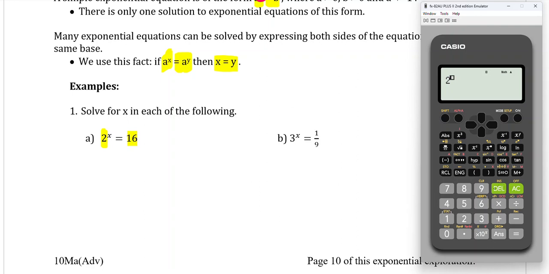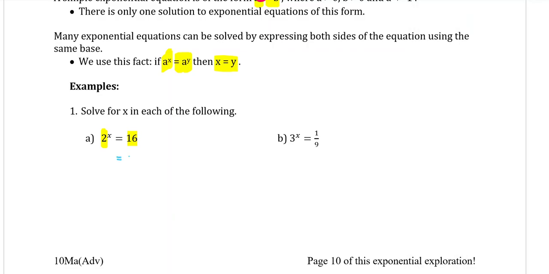So if you go to the power of 4, you do get 16. So 16 is the same as 2 to the power of 4, and we still have 2 to the power of x on the left-hand side. If the bases are now the same, that means the powers must be equal to each other. So x must be equal to 4.